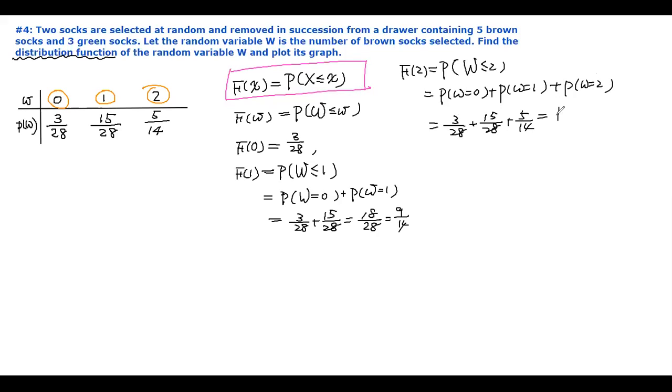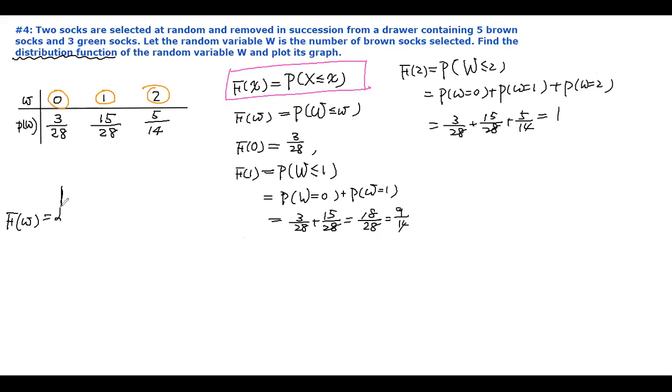Okay, so now let's try to write the probability distribution function. Then we will graph it. So this is F of w.